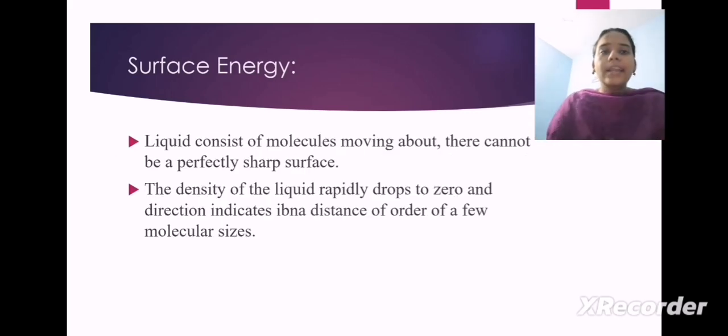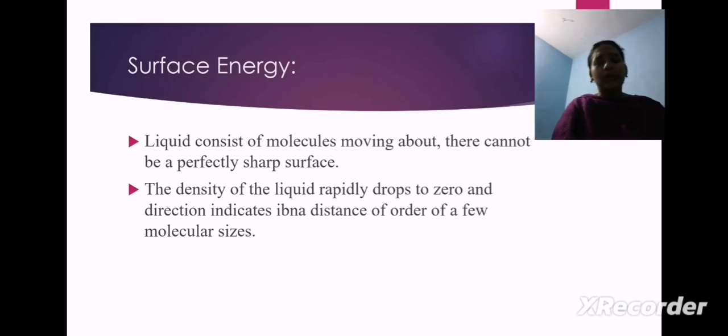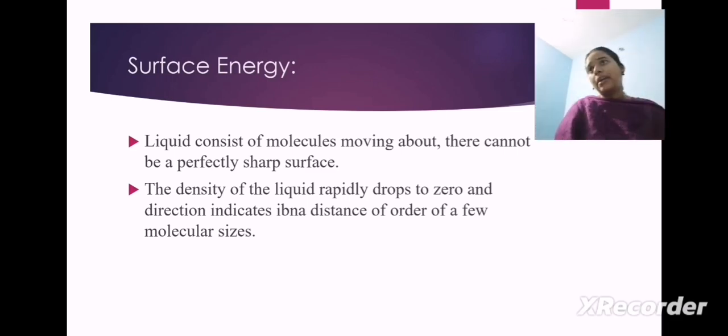Next, in liquid, we know that the molecules can be moving, right? When there is a stream of water flowing, the water can be flowing. The liquid consists of moving molecules, but they can't form a perfectly sharp shape. Have you ever seen a liquid which hasn't frozen into a solid have a sharp surface?